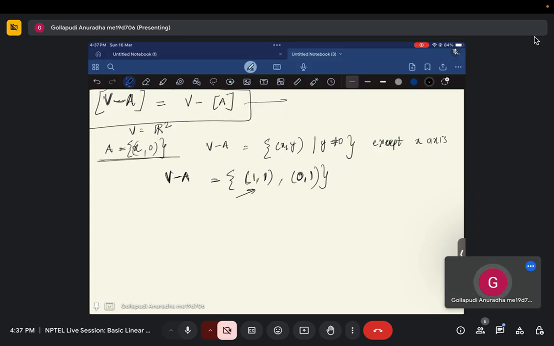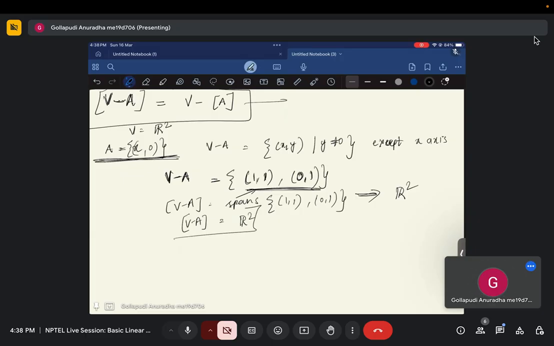So if this spans V minus A, you will again get R2 only. The span of V minus A will again be R2 itself.